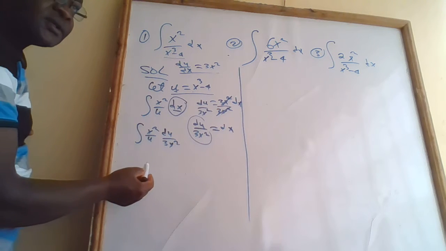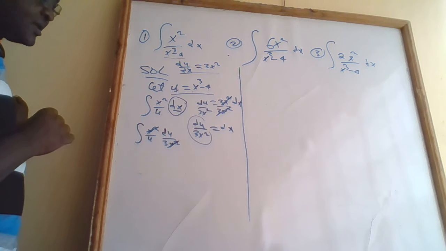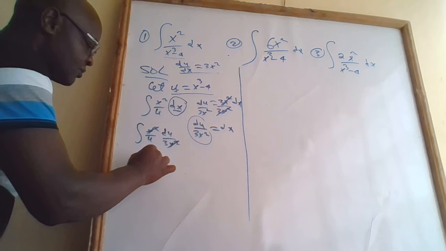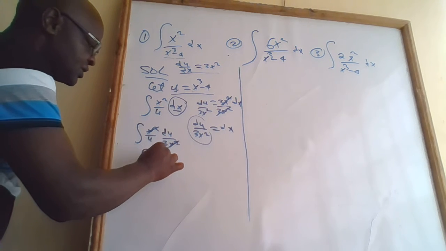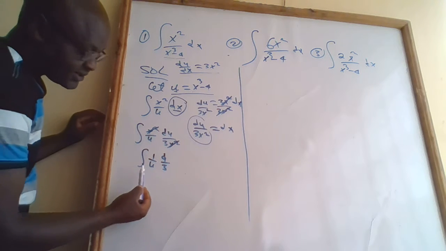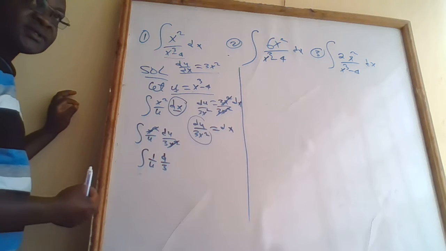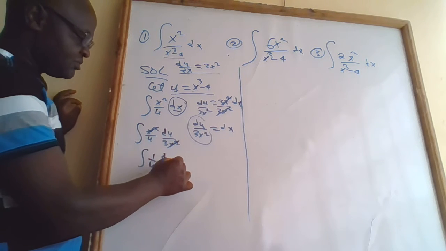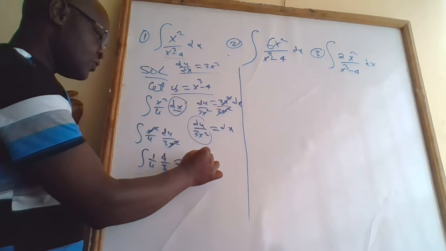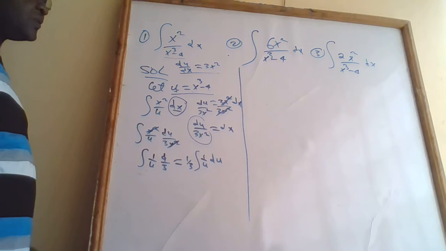Now from here we can divide x squared and x squared so that the integral becomes 1 over u, then du over 3. So from here you can see that we have a constant, which is 1 over 3. We take it outside the integral sign so that this becomes 1 over 3, the integral of 1 over u, then du.